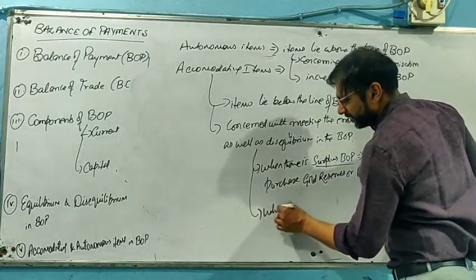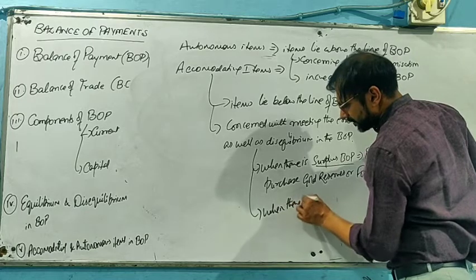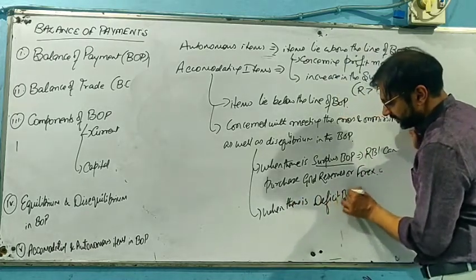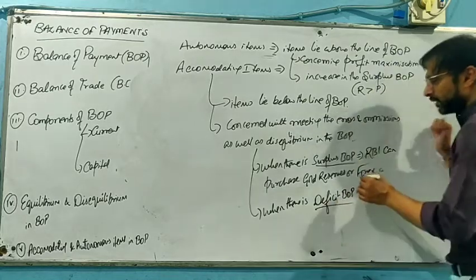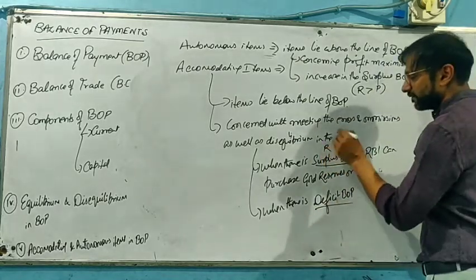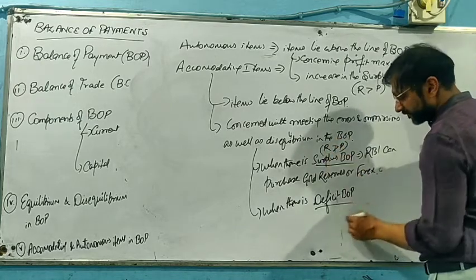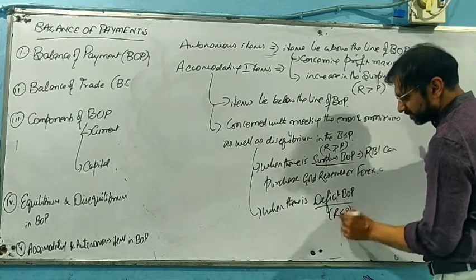And again, if we say when there is deficit balance of payment, see students, we already know that surplus balance of payment is where the receipts are basically more than payment, and deficit where receipts are less than payment.